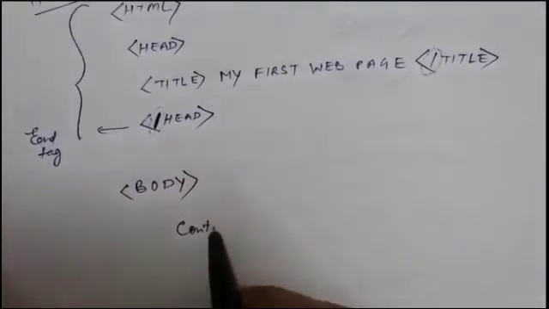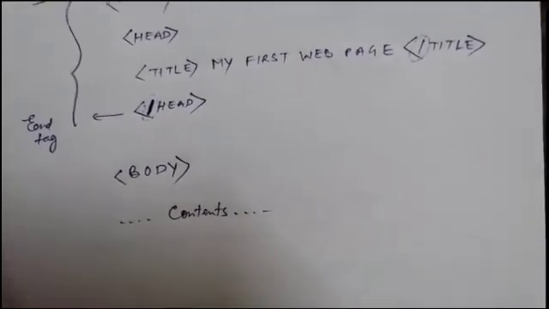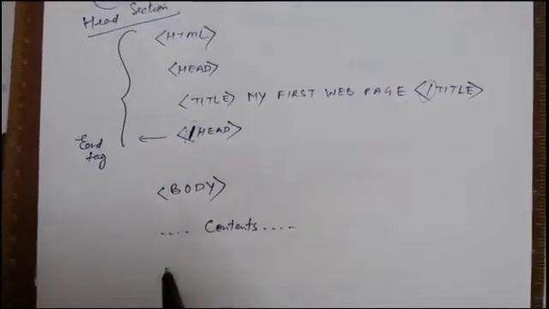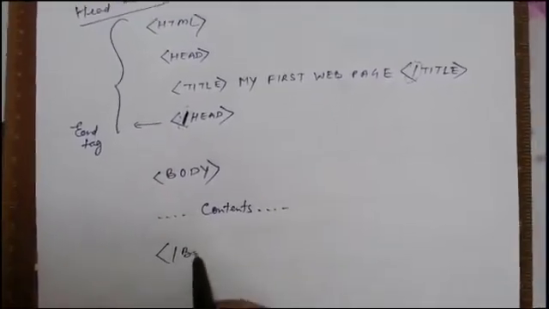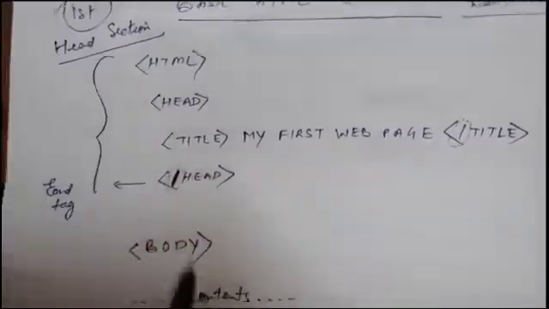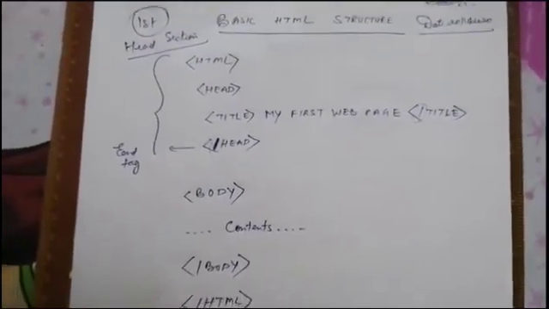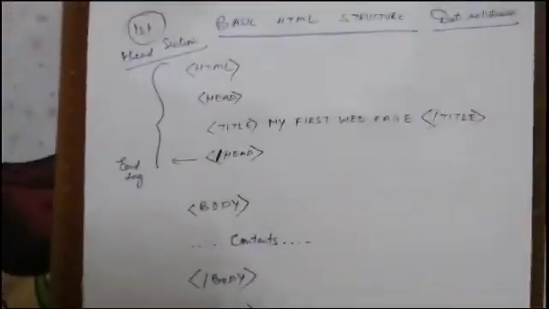So it contains all the contents. Then we will end this with body end, and then again, as we started with HTML, now we will end this HTML with the forward slash HTML end tag. This is the basic structure of an HTML document, right?